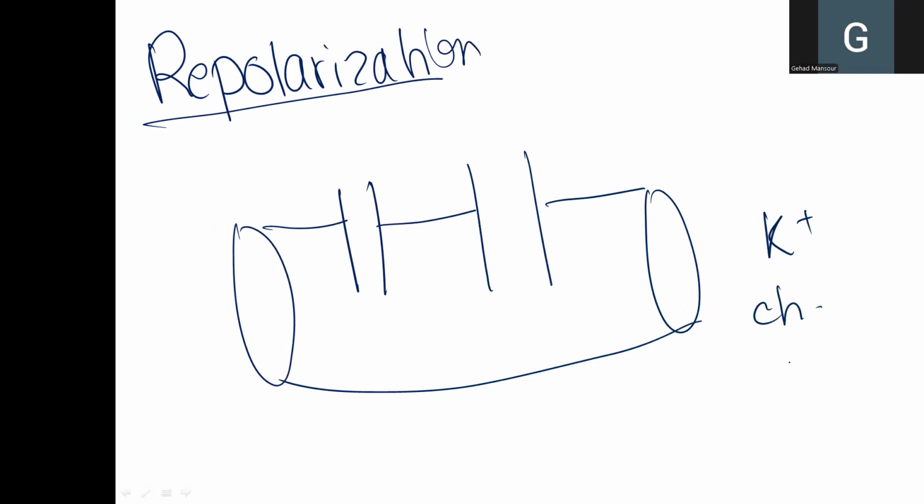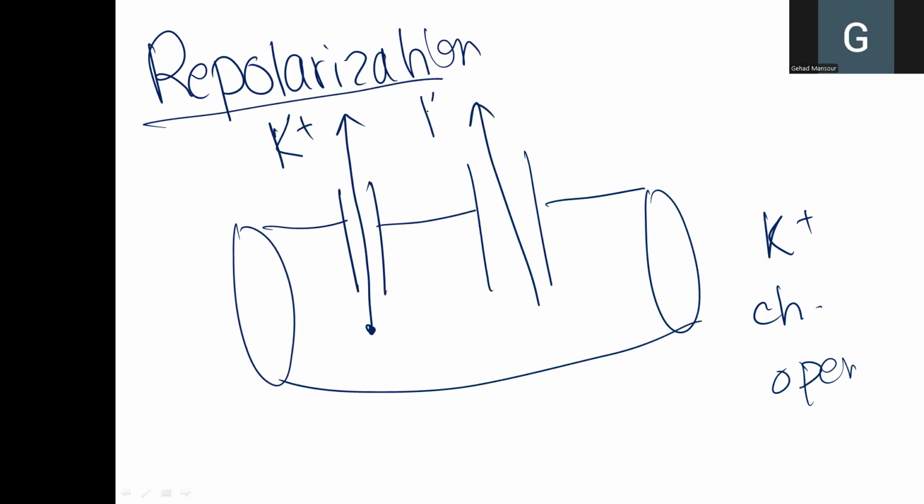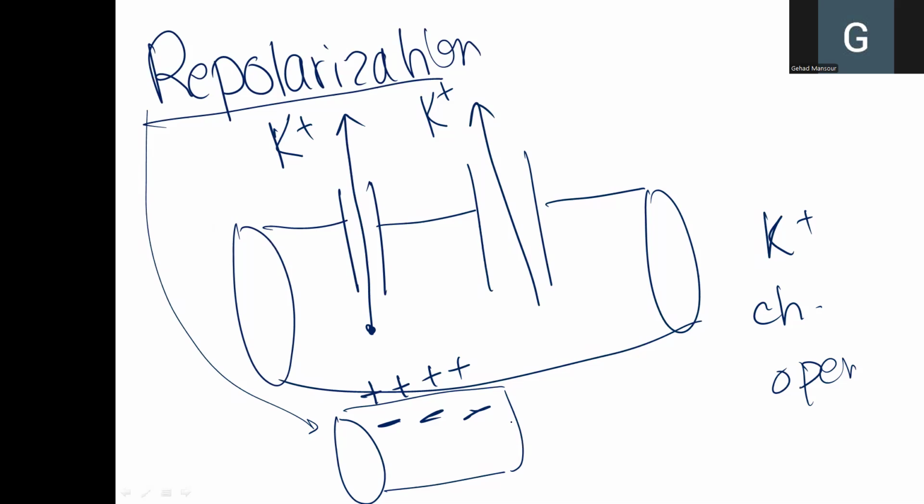When potassium channels open, potassium finds a way to the outside because inside there are a lot of positive charges. And when potassium goes to the outside, we return to our original status, which is positive outside and negative inside, and that's why we call it repolarization. So repolarization means returning to the resting electric potential, which is outside positive, inside negative.